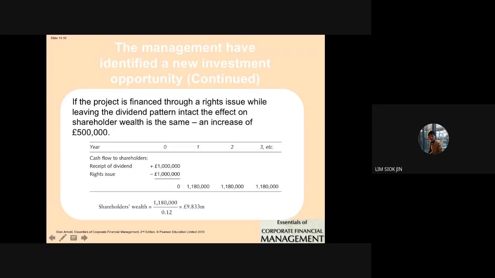All right, so this is how it can be. If the project is financed through a rights issue while leaving the dividend pattern intact, the effect on shareholders is the same, an increase of 500,000. So if shareholders still want dividend, they can get this 1 million dividend, but the company, in order to take up this project, needs another source of financing.